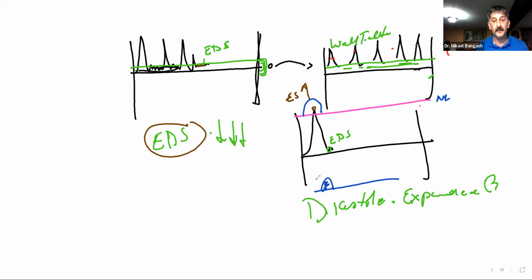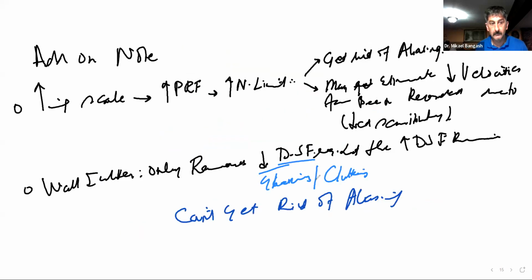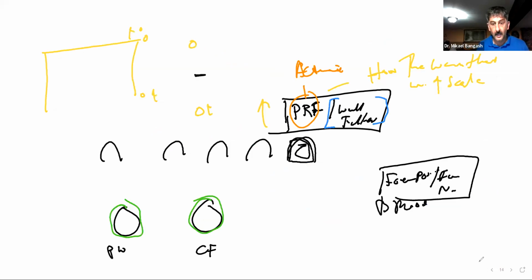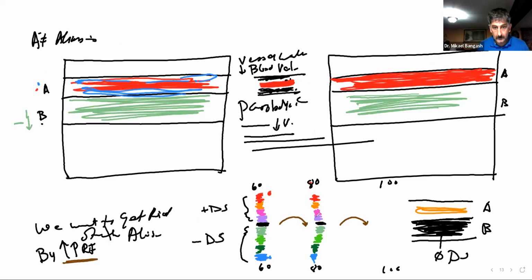So your wall filter is not able to filter out high Doppler shift frequencies, mainly because it only filters out low Doppler shift frequencies. Where do you find low Doppler shift frequencies? Well, ladies, on a color map, right next to your baseline.